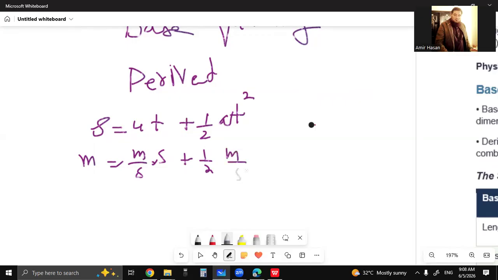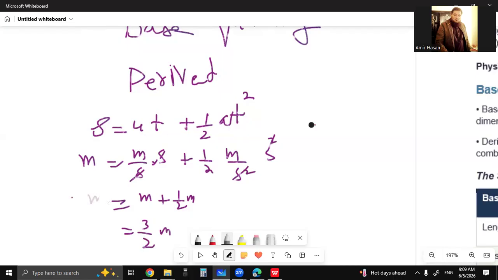Acceleration is meter per second square, and second square is also time. Now here you divide the second square by second. What is left here? Meter plus half meter. When we add, we get 3 by 2 meter. When we are proving the homogeneity, we are not involving the number.